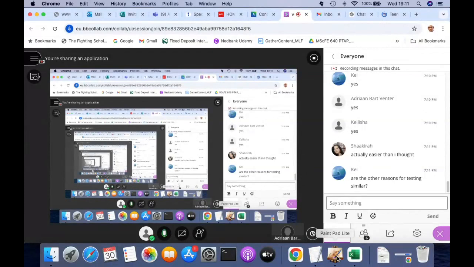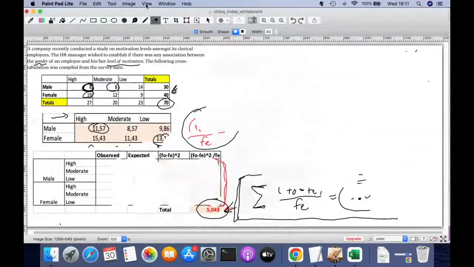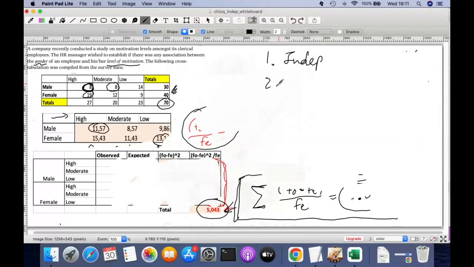So Kai, it's a good question. Remember I said the first one was test of independence. I'm just going to write independence, short form. Then equal proportions, that's the second one. And then the third one was the goodness of fit test. These 2 are very similar.